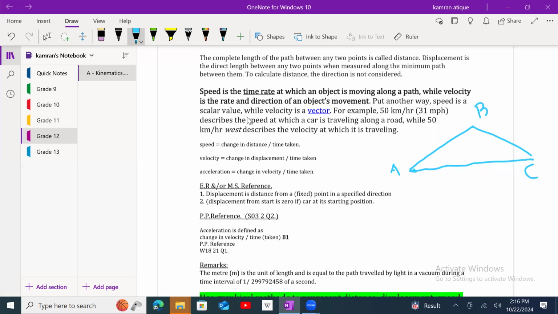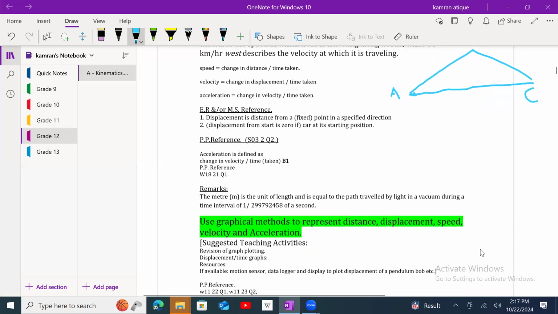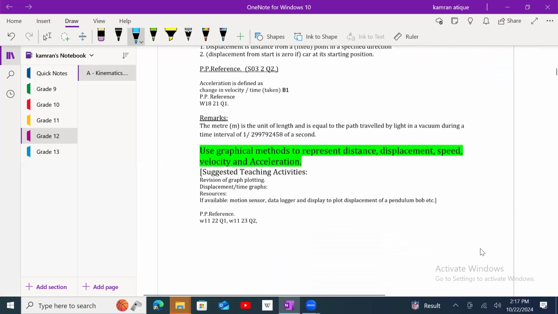Velocity is the rate of change of distance along with the direction. So velocity is a vector quantity while speed is a scalar quantity. You should know the differentiation between scalar and vector quantities, which I think you have already covered, so I'm not stressing on it right now.